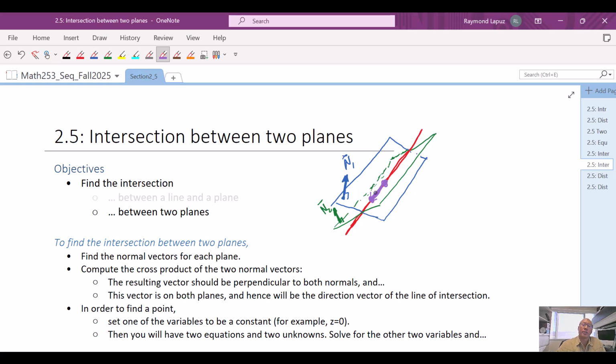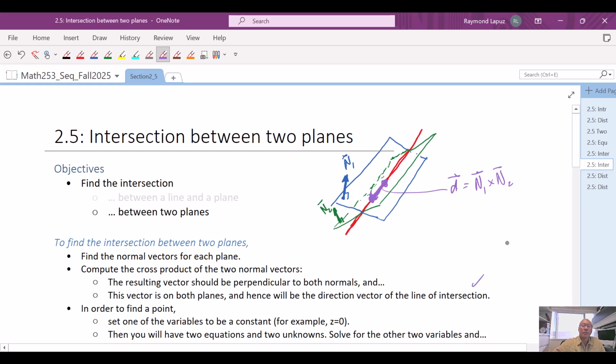And this vector has to be perpendicular to both. So to find this direction vector, let's call it D, it is going to be N1 cross N2. That will be our direction vector.